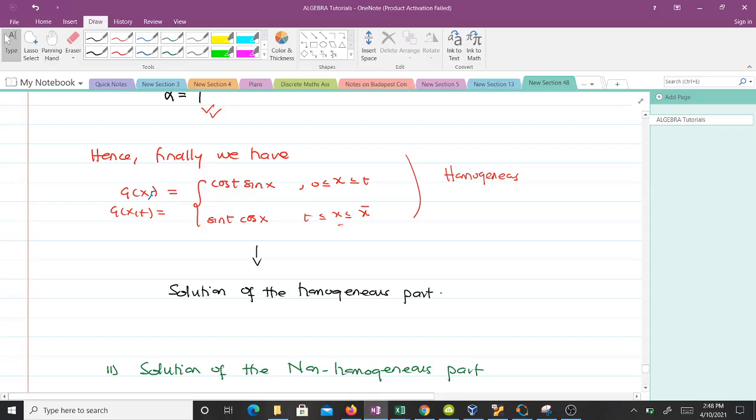So now we have to solve the non-homogeneous part. That's the second part of the question. Okay, then we had negative 3 sine 2x.